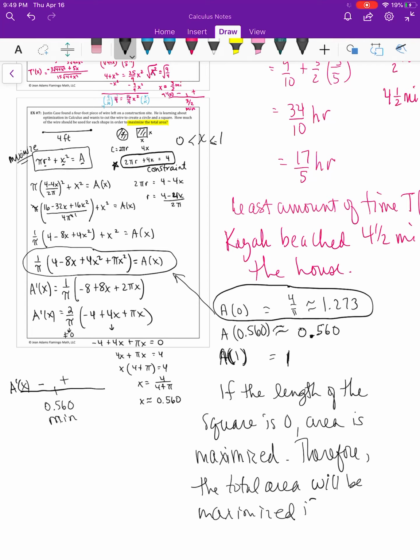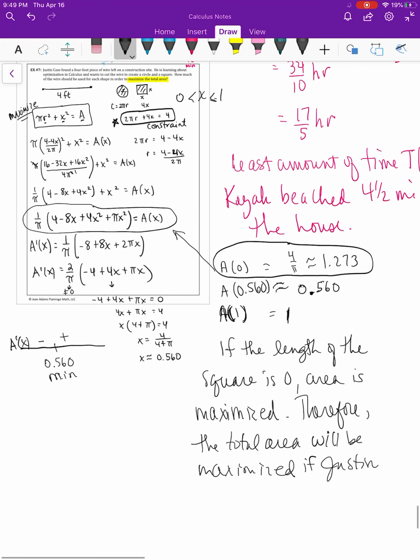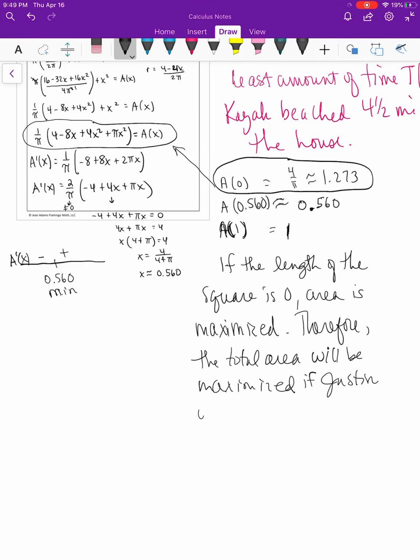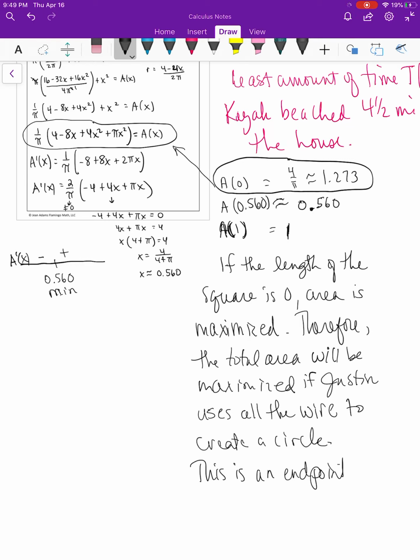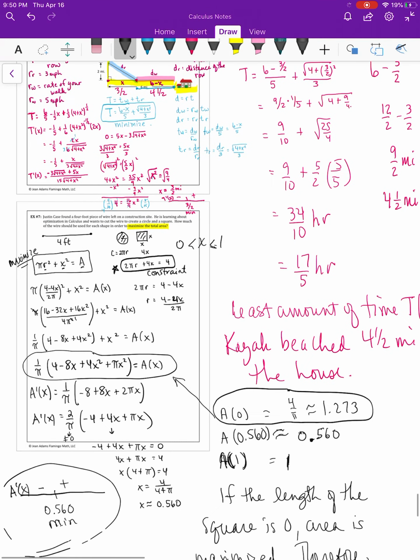Therefore, the total area will be maximized if Justin uses all the wire to create a circle. This is an endpoint maximum.